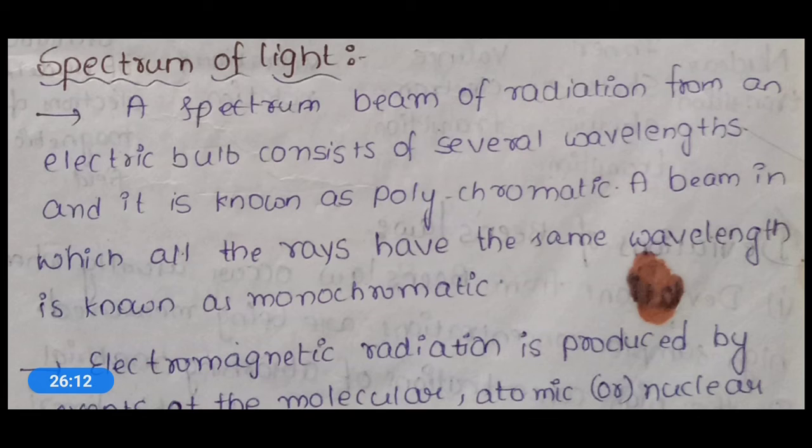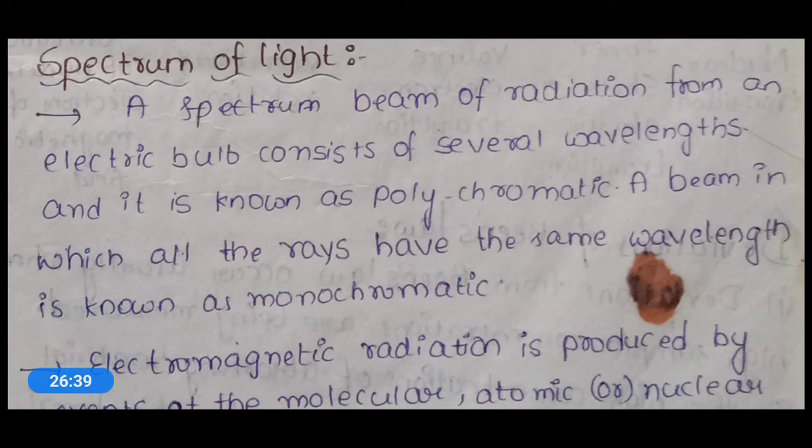For now, let's see about the spectrum of light, in which we will take an electric bulb as the light source. Here, a beam of radiation from this electric bulb consists of several wavelengths, and it is known as a polychromatic beam.